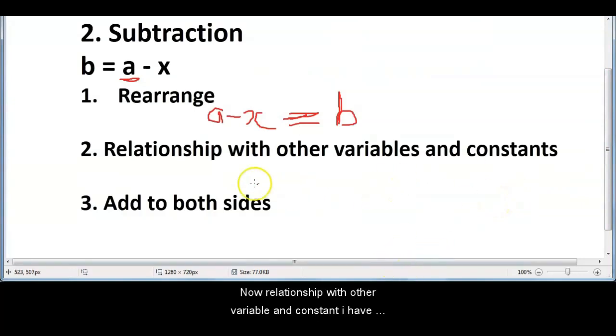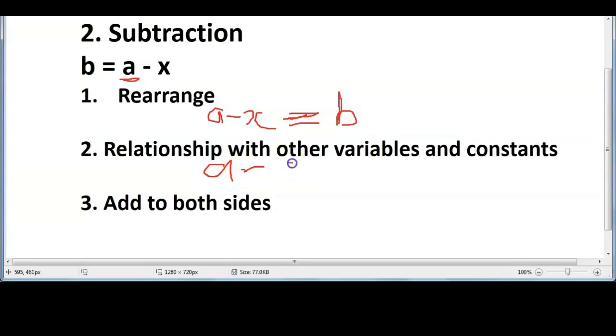So now the relationship with other variables and constants. I have to rewrite this one here. A minus X equals B. For A to be alone, X has to be removed.